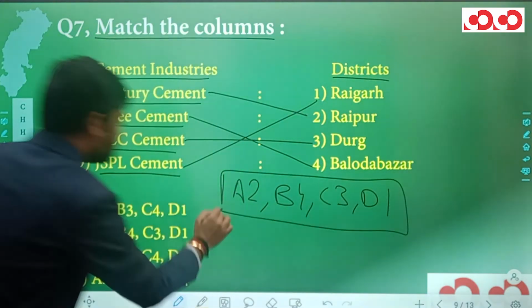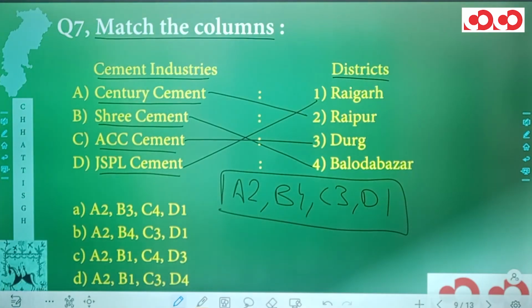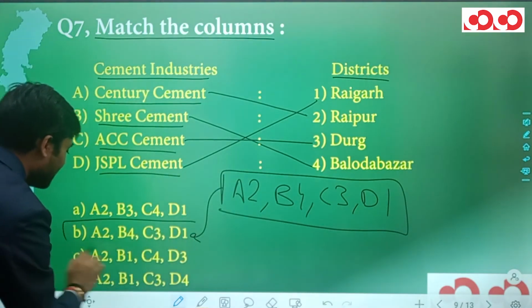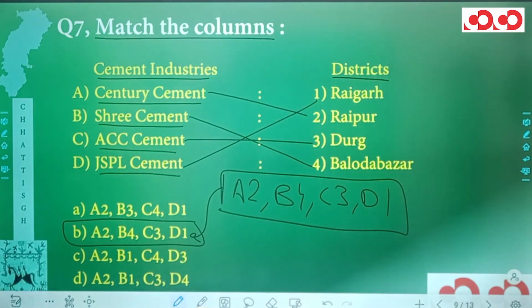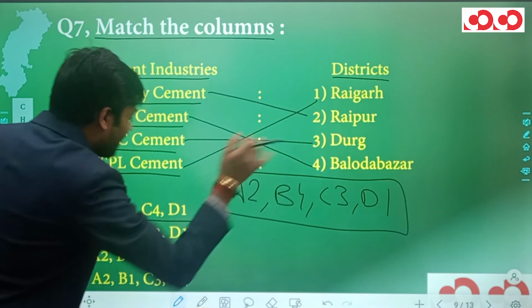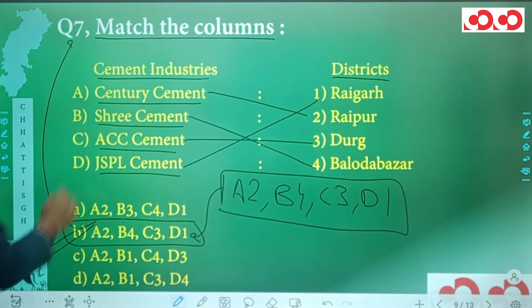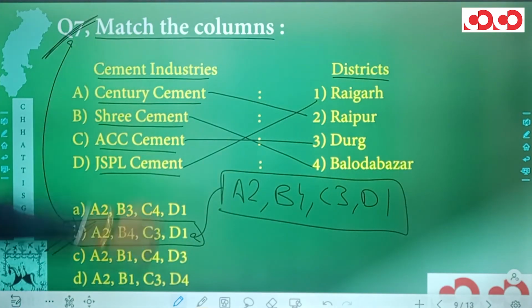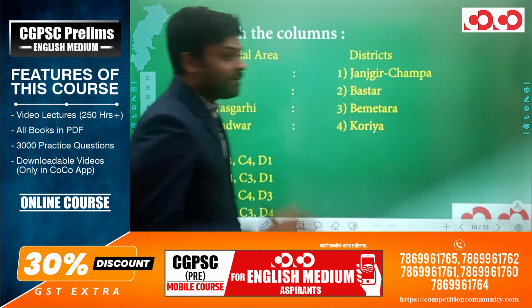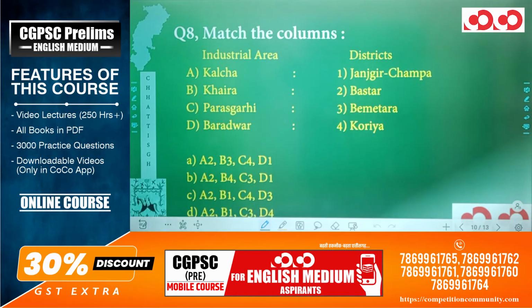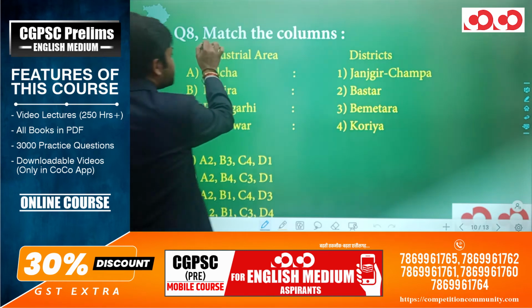Looking at the options, in option B we have A2, B4, C3 and D1, which is identical to the pairs that we have deduced, and hence option B is going to be the correct option for our seventh question.